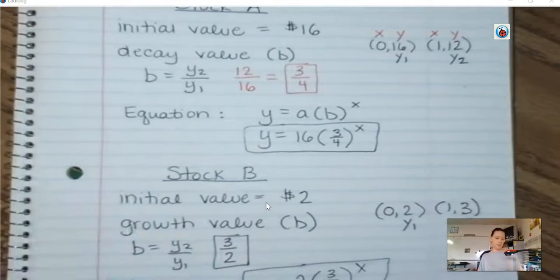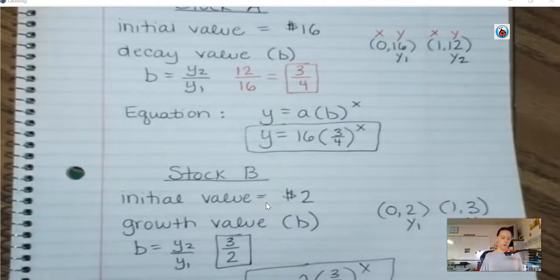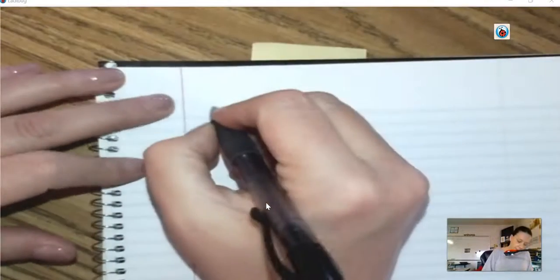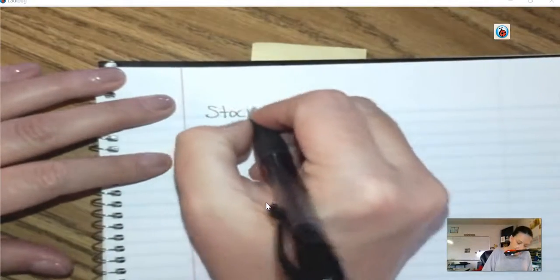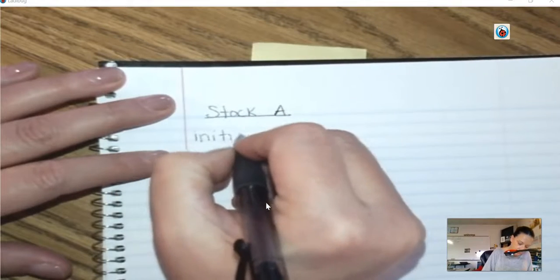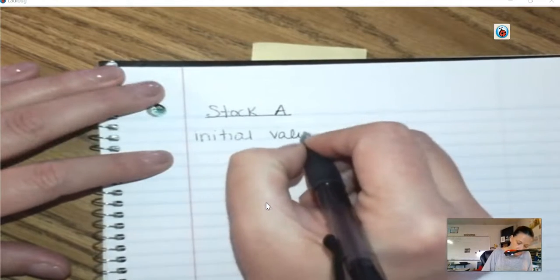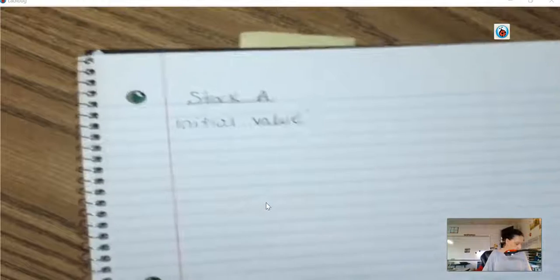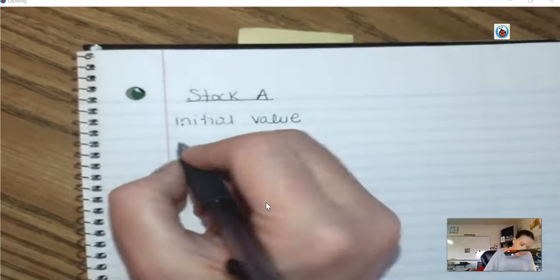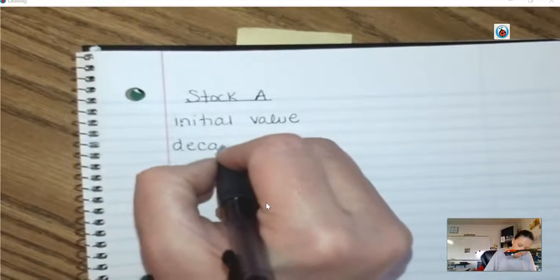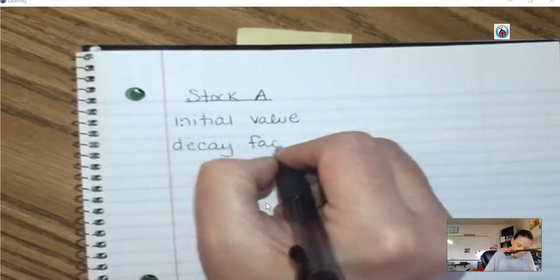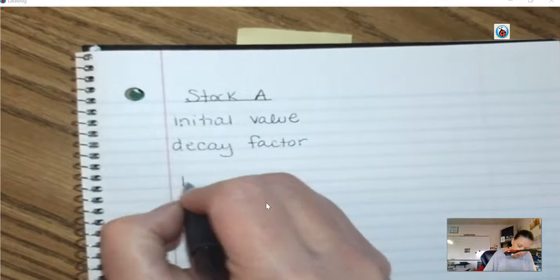Okay, let's try one more like that. Your notes are nice and easy for you to follow. This is the last question we're doing for today, and then we're done. So you're going to have stock A. You're going to need to write the initial value, and then the decay factor, and then write the equation.